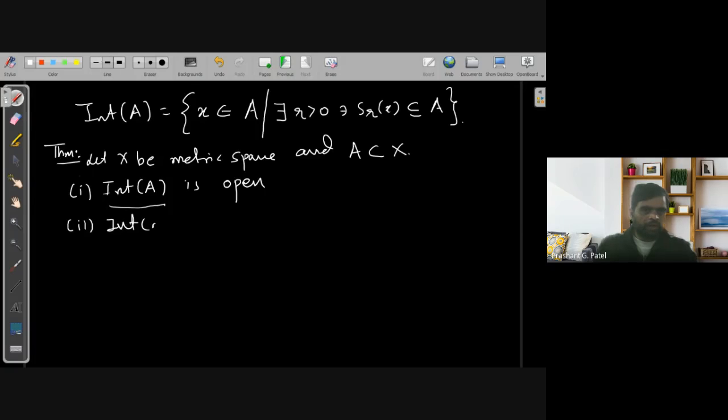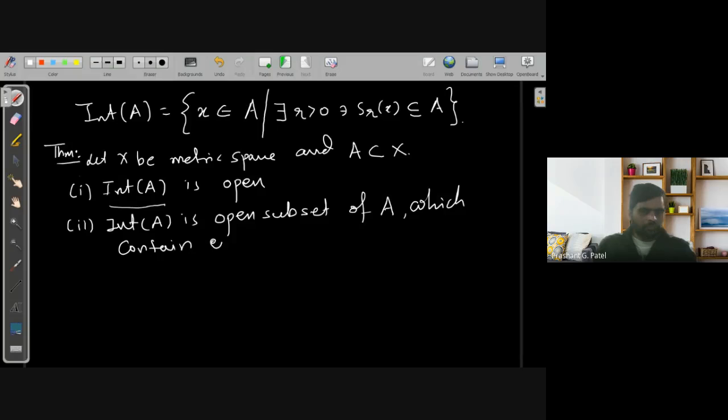The interior of A is an open subset of A which contains every open subset of A. It is the same. Have you seen the same kind of definition somewhere else in linear algebra?